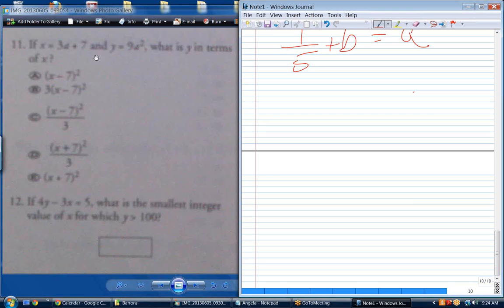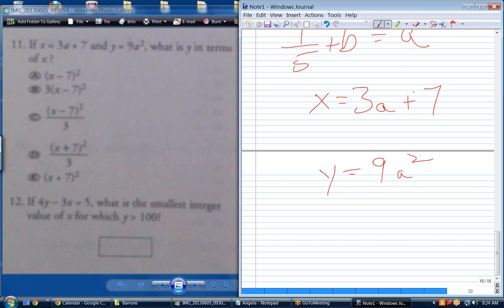What's the process you're going to use here? Well, if I were to square the 3a in x, I can't do that though, huh?